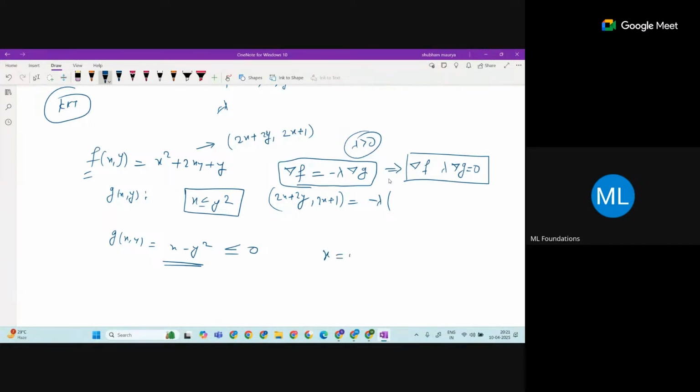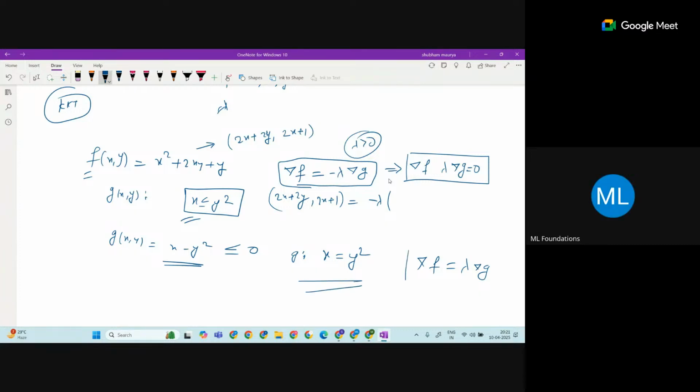If your constraint is this one and you are writing the Lagrangian equation, we need to include the minus sign. In the graded assignments, I think this inequality problem is not given. Always the equality problem is given.